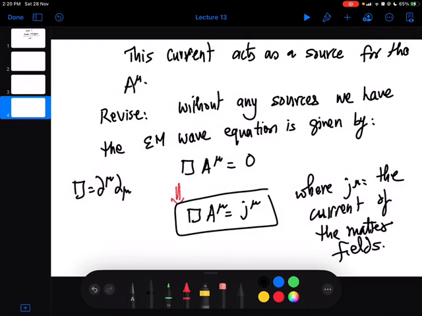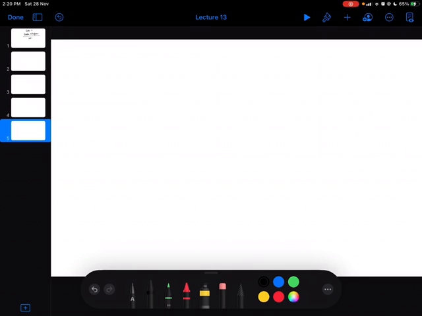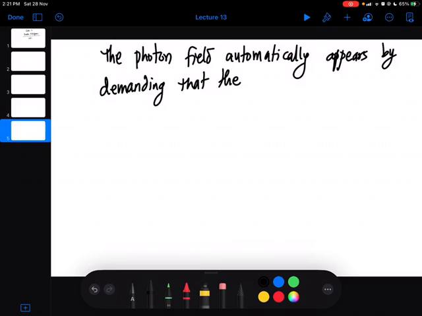So the interactions, the photon field, automatically appears by demanding that the symmetric transformation U1 is valid at all space-time points.